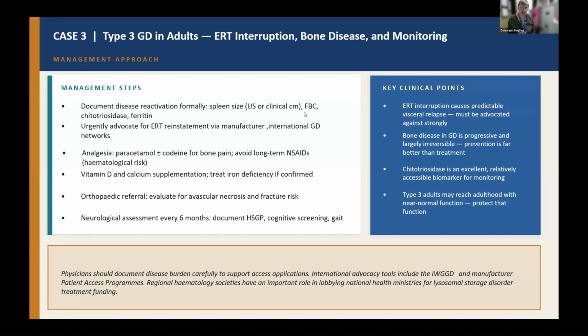But people with more severe disease, over some time, you might start to see increased spleen, biomarkers, reduction in hemoglobin. And the thing which is a particular risk and which is disabling and will have longer term impact on quality of life and potential mobility is if there is a bone crisis. So important really to think about all of those monitoring and implications should there be an interruption of enzyme replacement therapy. And important really we try to protect that supply.